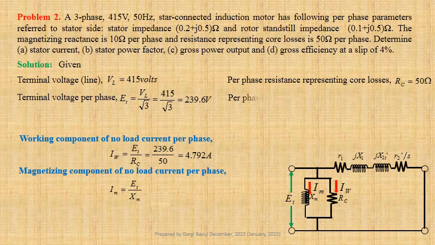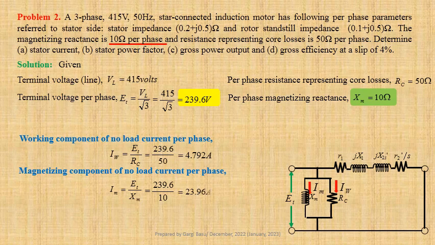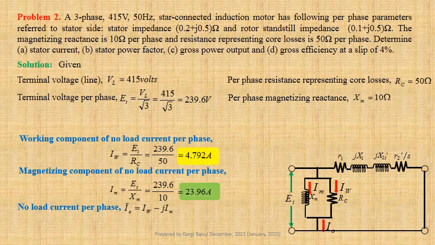Given per phase magnetizing reactance Xm equals 10 ohm. Therefore, Im equals 239.6 divided by 10, that is 23.96 ampere. Expression for no load current per phase I0 equals Iw minus j times Im, that is 4.792 minus j times 23.96 ampere.